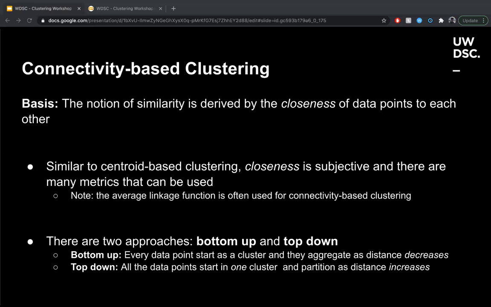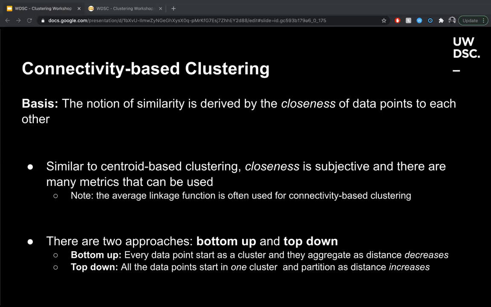But before that, I'm just going to say that there are two different approaches: bottom-up connectivity-based clustering and top-down connectivity-based clustering. They both achieve the same goal, with different ways of doing it. The difference is the direction you go in.